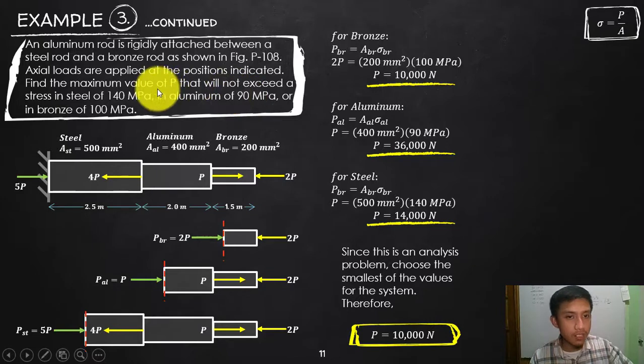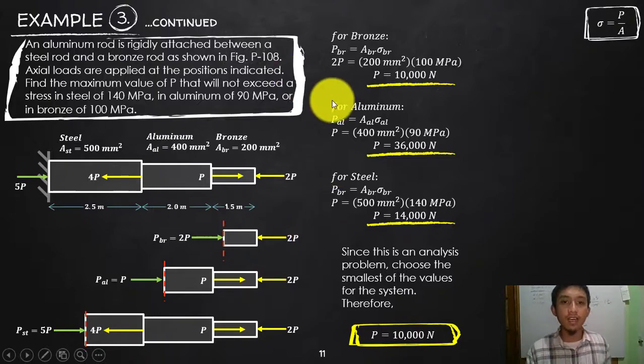Because let's say I apply 14: yes, the steel can carry that one, the aluminum can carry that one, but the bronze cannot, because the bronze can only carry 10. That's why, for us to be safe, for us not to exceed any of the capacities, we should use the minimum. Therefore, 10,000.